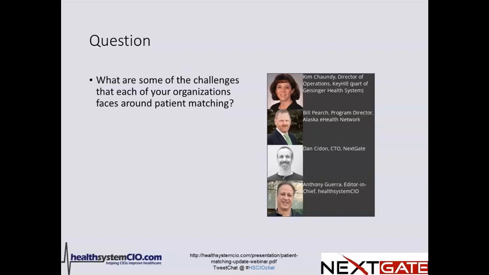So going back and re-educating your front-end staff how important it is to have the critical data elements, as well as engaging the patient and making sure that the patient understands that it's extremely important to always be given their birth name and not their nickname, and that they want to make sure that the information is always consistent so that we can assure that we are matching across communities.